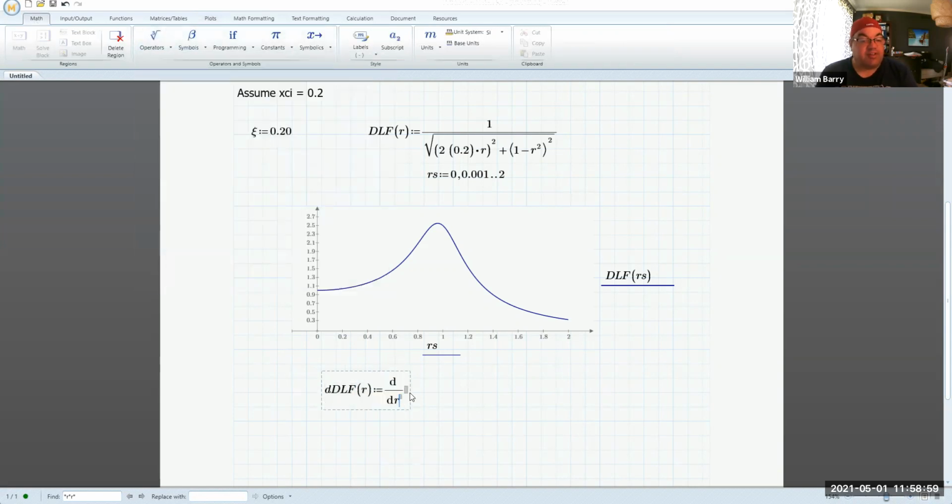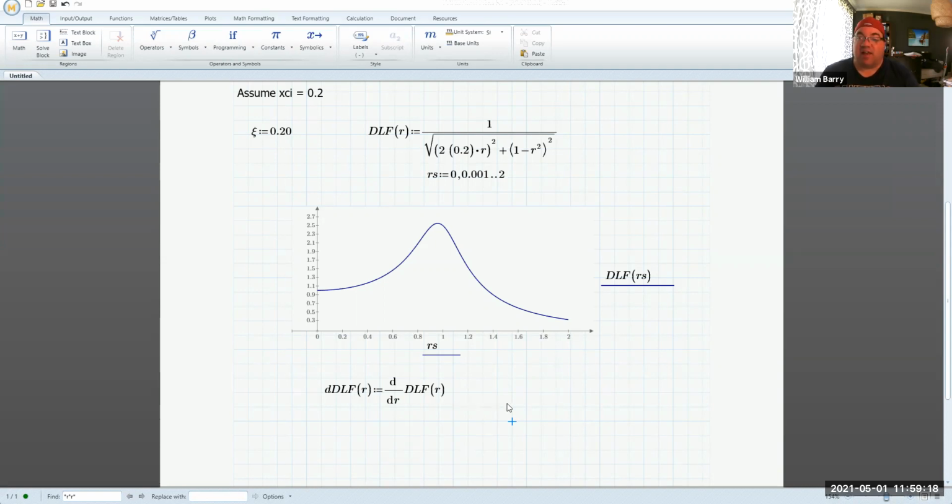We're going to take the derivative with respect to R of our function DLF of R. If I just let that sit there, that's fine. The expression generated when that derivative is taken is going to be a really big, long expression.